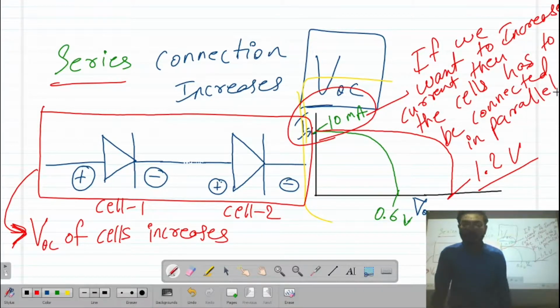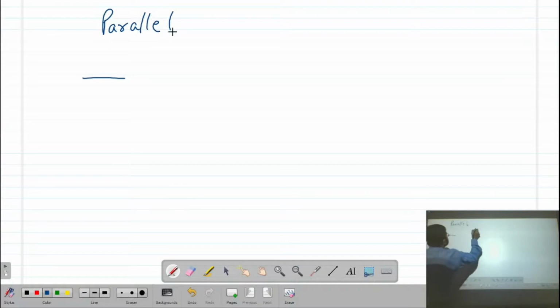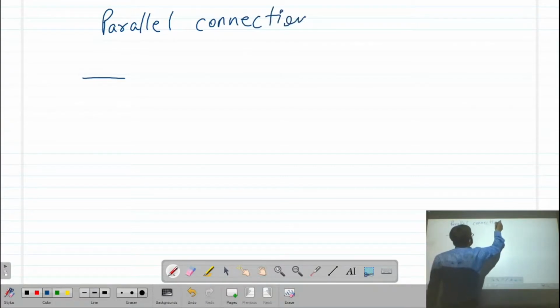If we want to increase the current of the cell combination, then the cells have to be connected in parallel. Let us see the parallel combination. Let us see the parallel connection, right?